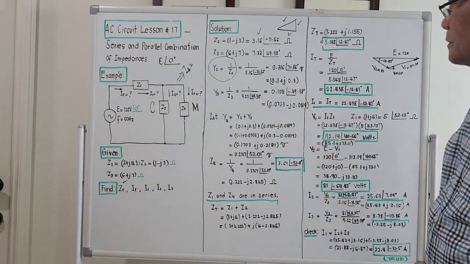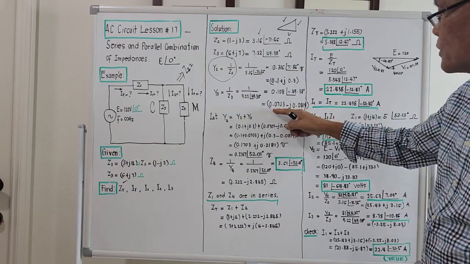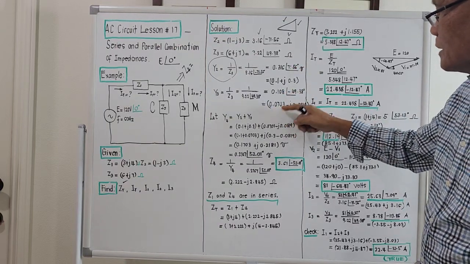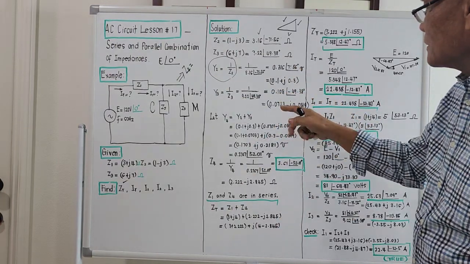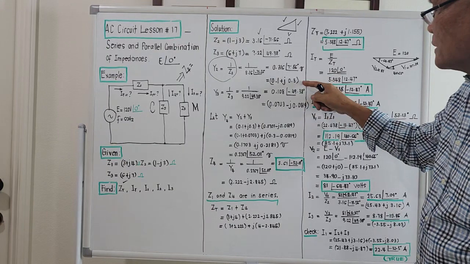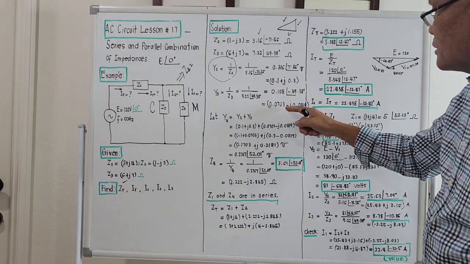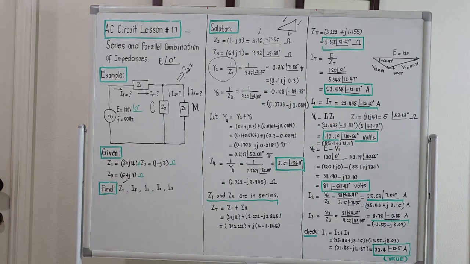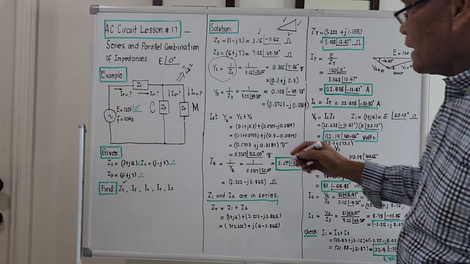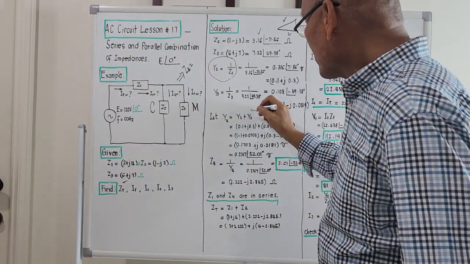Converting to rectangular, cosine of this times 0.108, 0.0703. The cosine of a negative angle is still in the first quadrant, this is still positive. And take the sine of this times 0.108, it will be 0.0819, but it should be negative. This is because it is negative. And computing for the total admittance, we are now compressing this one in terms of admittance. That's why I place it here.